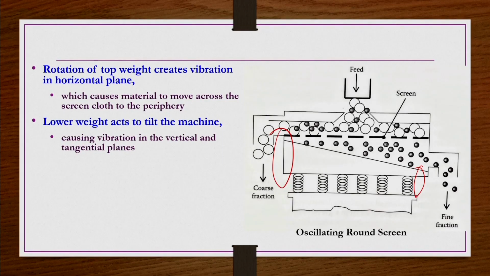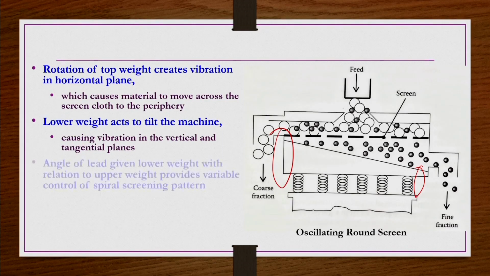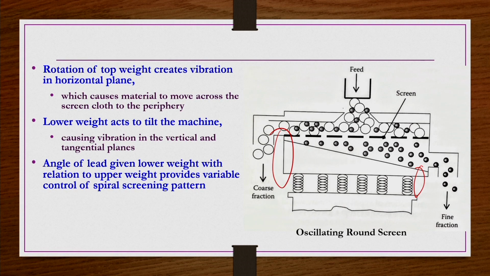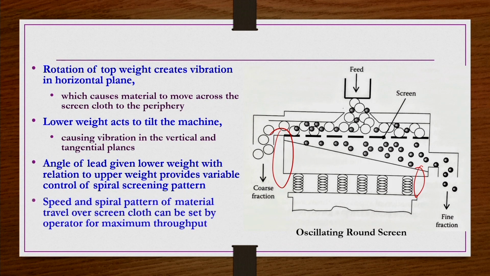This is a very advantageous feature of this particular design. The angle of lead between the lower weight and the upper weight provides control of the spiral screening pattern, and the speed and spiral pattern of material travel over the screen cloth can be set by the operator for maximum throughput, as per the experience of the process engineer handling this equipment. So, there is nothing generalized here.